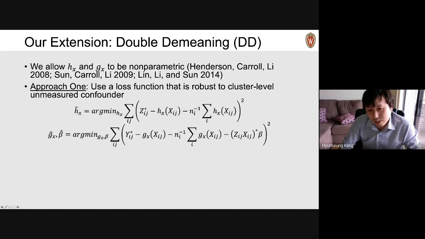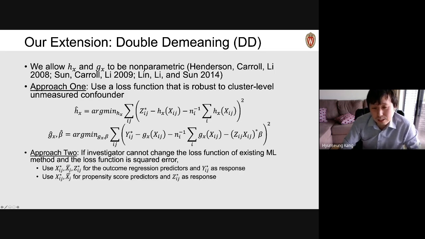Again, it looks like your usual least squares loss where the outcome is here and then some functional here, but we actually have this centering operator, and the centering operator makes this robust to cluster level unmeasured confounding. A variation of this has been discussed in previous works in the context of kernels, but you can generalize this observation to realize that all you need is a loss function of this particular type and then just train the model based on this loss function.